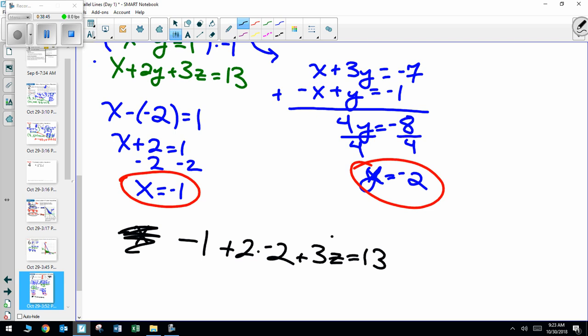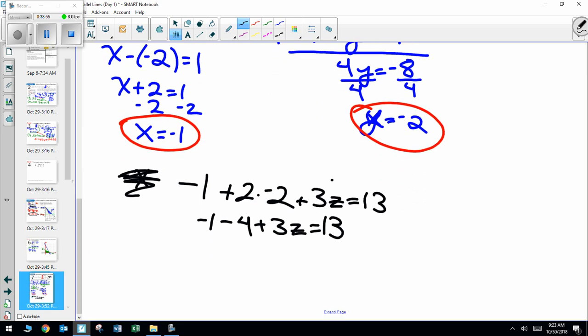So 2 times -2 is -4. -1 minus 4, I can combine those like terms and get -5 plus 3z equals 13.